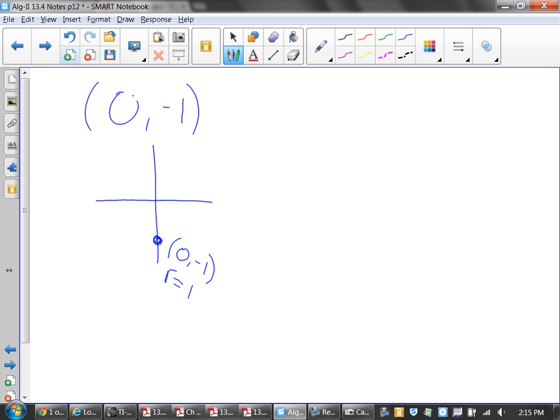So whenever you're on your quadrantal, this is still your x and your y. If you're on a quadrantal, your r value is always going to be 1. Because it's going to be 0 squared plus negative 1 squared, or 0 squared plus 1 squared. So your r value will always equal 1. And when you write them out, sine is x over r, cosine y over r, tangent y over x, and then your inverses.